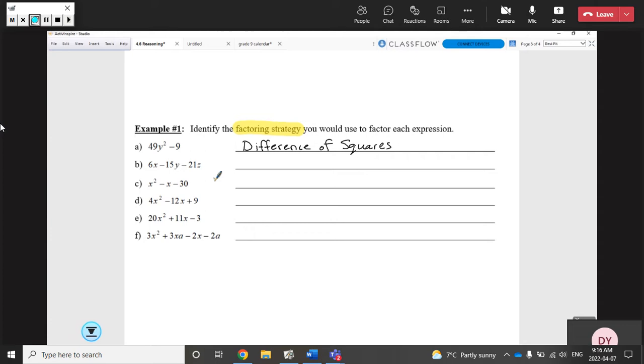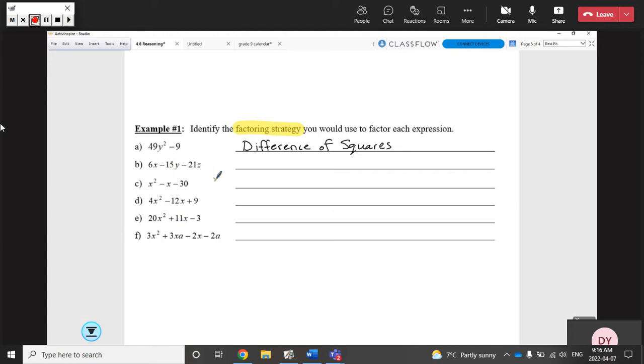Now, how about this one here? 6x minus 15y minus 21z. Well, what would you do in this situation? How might we factor something like that? What's the only factoring method that'll work for that one? Does it look quadratic? No, it doesn't really look quadratic. It's just some sort of expression. How do we factor that?